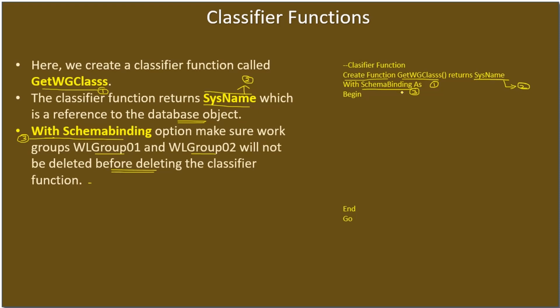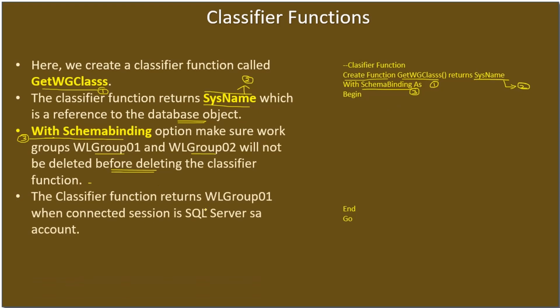If the function uses any SQL Server database object, the function is bound with those objects. That means without deleting this function, you cannot delete those schema objects, because they are bound to getWG class.